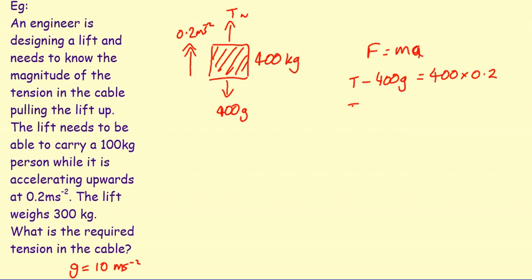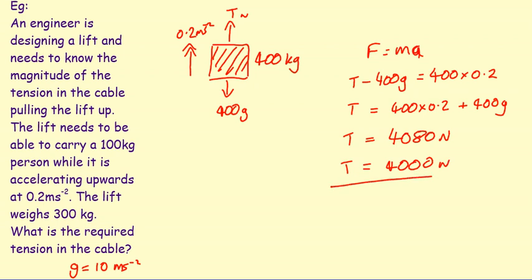We get T equals 400 times 0.2 plus 400 G, so T equals 4,080 again. Exactly the same answer, just a bit quicker. Round it to 4,000 newtons to take into account our estimated G.